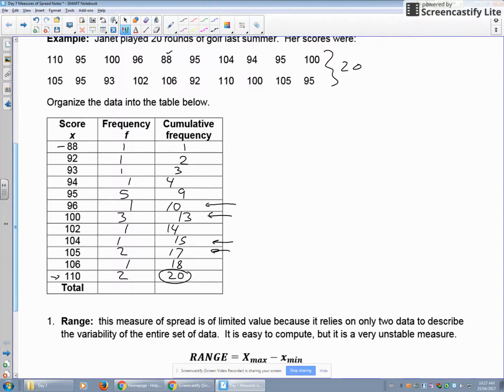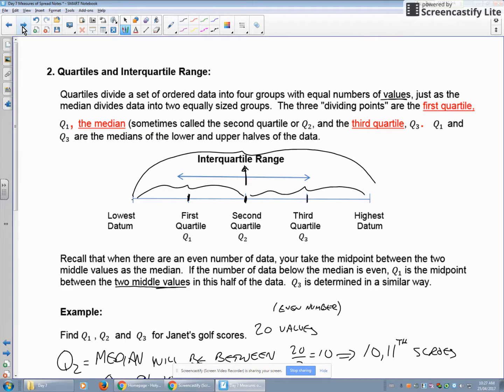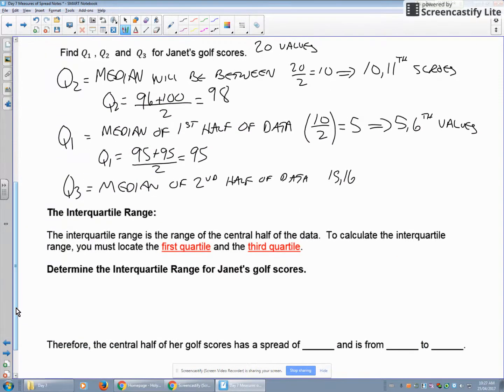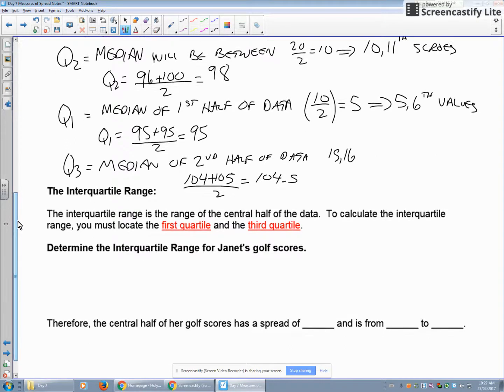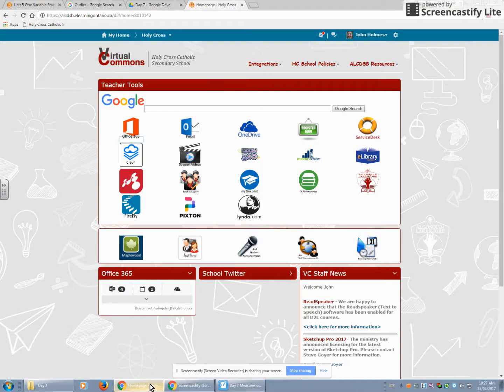So it's 104 and 105 are my scores. 104 plus 105 over 2 is 104.5. So that is my quartile 3 value. I will pause and then continue in the next video because I don't want to run out of time.